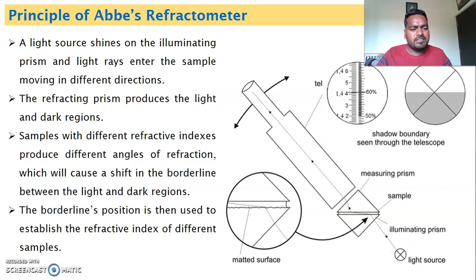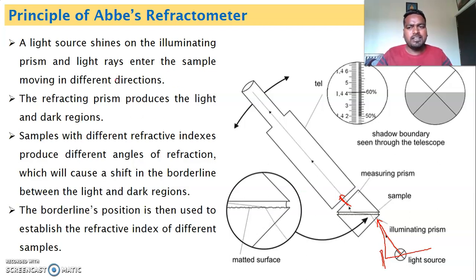When light is incident on this prism, we have a mirror. The light is incident on the mirror and reflected onto this prism, where it is refracted and directed to the telescope.